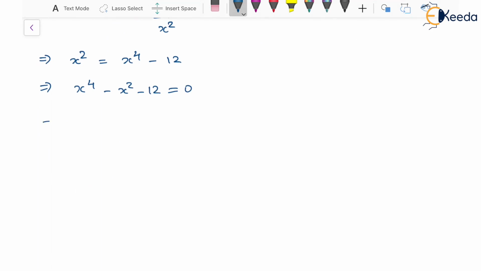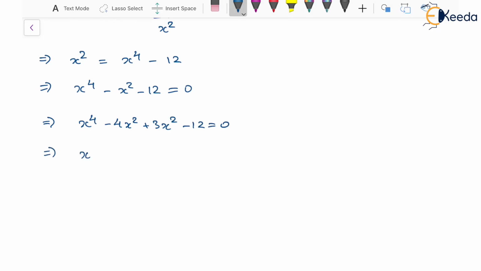Splitting the middle term as per the sum and product, as we have already learned in the solution of the quadratic equation in our previous classes, we can write this equation as x to the power of 4 minus 4x square plus 3x square minus 12 equal to 0.